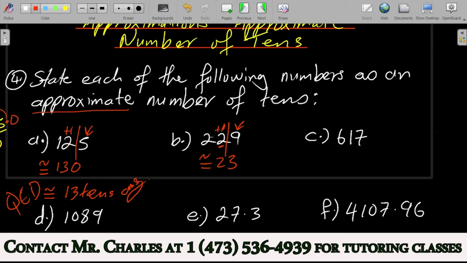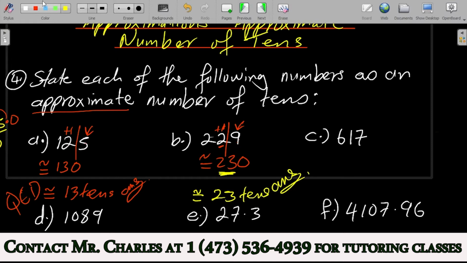The 9, since it's part of the whole number, we have to convert it to a 0, right? You have 23 tens in 230, so that means that 229 is approximately equal to 23 tens, and that's our answer there, 23 tens.